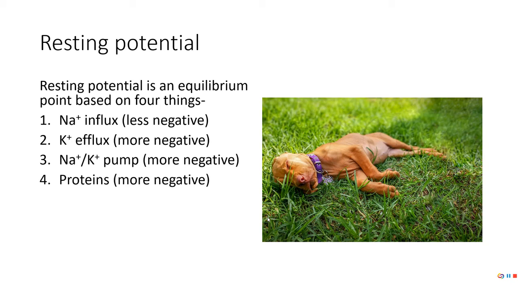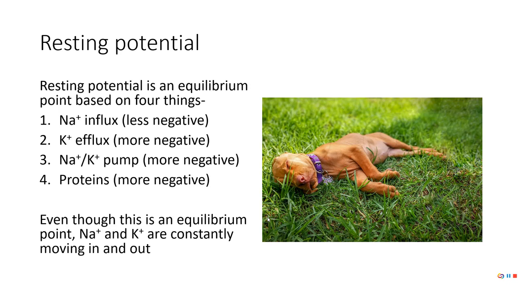They're stuck inside, they're negatively charged. Even though this is an equilibrium point, sodium and potassium are constantly moving in and out through the leak channels, but then they're constantly being brought back in or pumped back out through the pump. So there's lots going on, but this is the equilibrium point based on the number of pumps, the number of channels, the concentration gradient, that sort of thing.